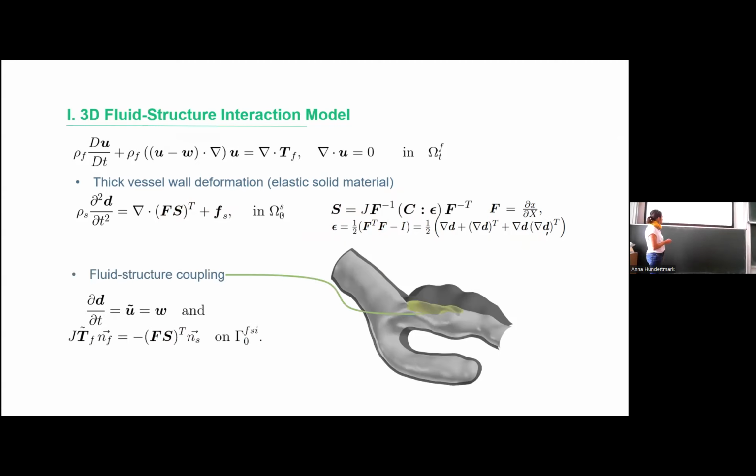We have these coupling conditions, which are probably well known to everybody sitting here: continuity of velocity and continuity of the stresses on the interface, or in our case on the inner side of the vessel wall.